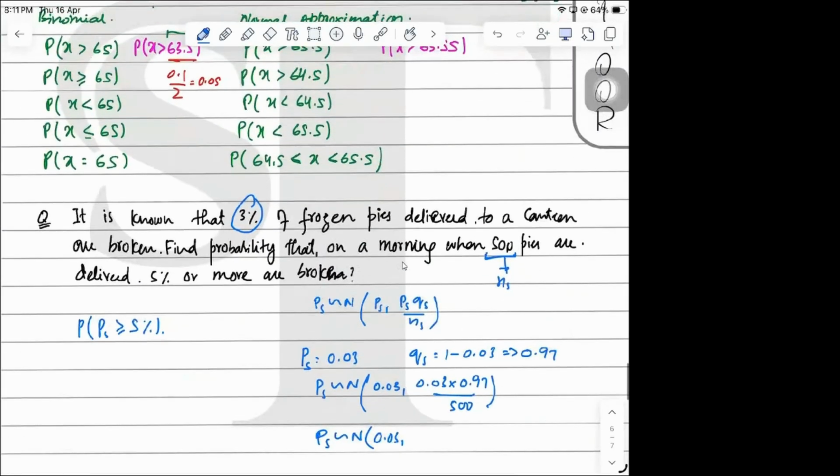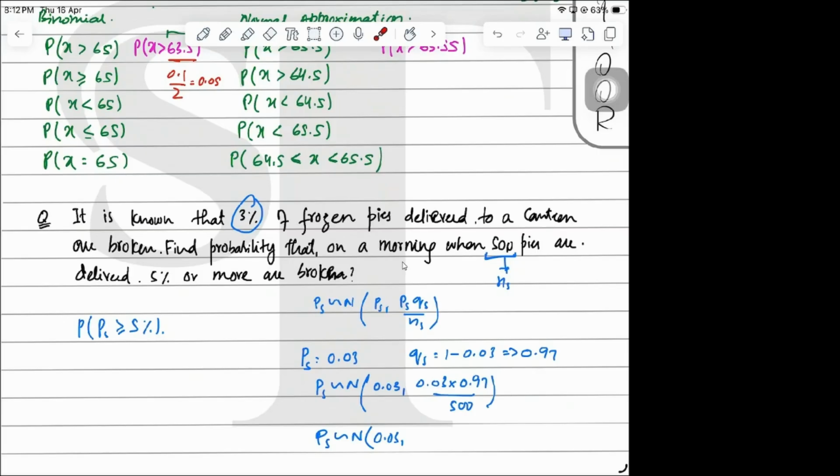Because according to the property I have told you, when the distribution of the sample proportion is given, the mean is exactly the proportion. So 3% is the proportion in this question? Yeah, exactly.